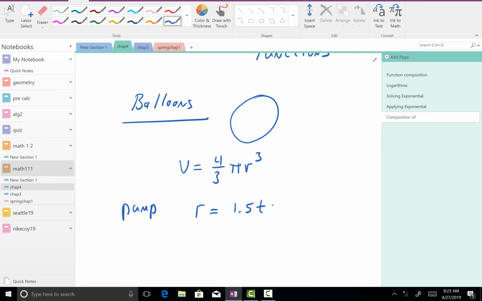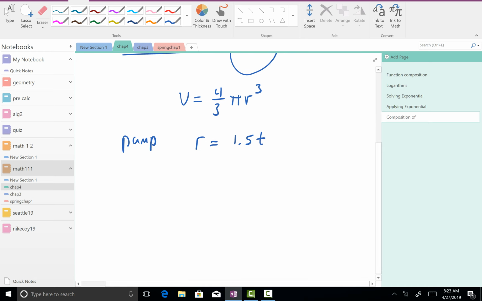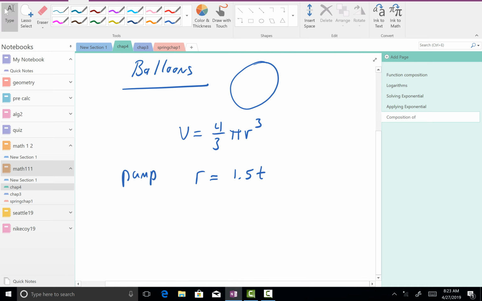Obviously there's a certain amount that's going to happen before it blows. But this is an example of composition of functions because we have one here. This would be V of r equals 4/3 pi r cubed. And this would be r of t equals 1.5 t.